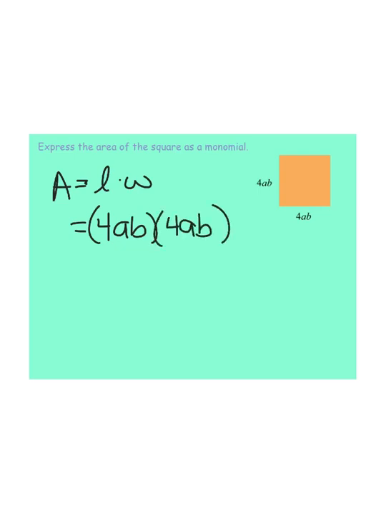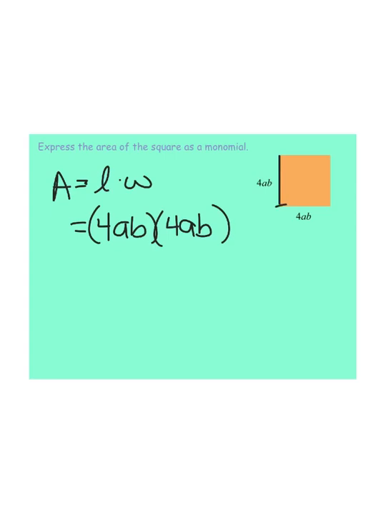Last example here, I want to express the area of a square as a monomial. So remember, area of a square is just your length times your width. So we're going to plug in what we know. Well, we know that our length is 4AB, and our width is also 4AB because it's a square.